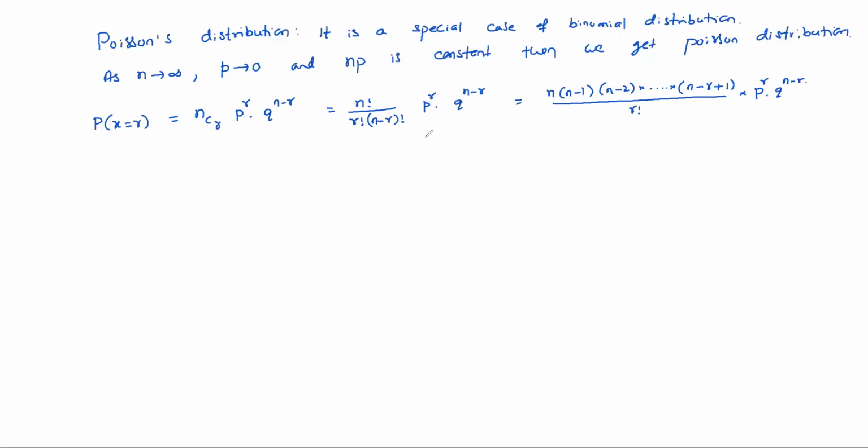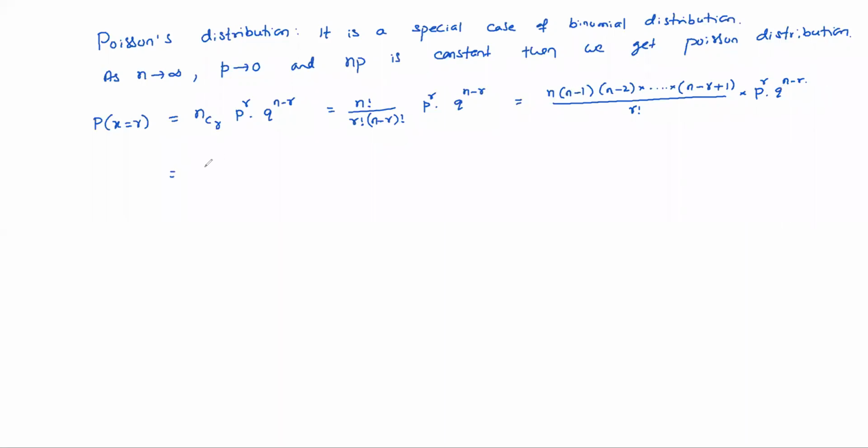N factorial by n minus R factorial is n into n minus 1 into n minus 2 and so on to n minus R plus 1. How many terms are there here? N is one term, n minus 1 is one term, n minus 2 is one term, like that. How many things are there?